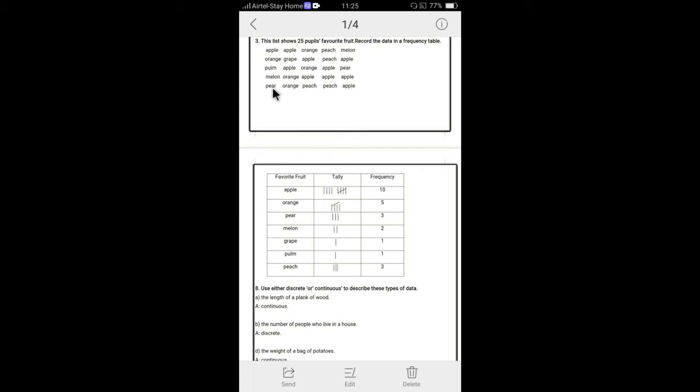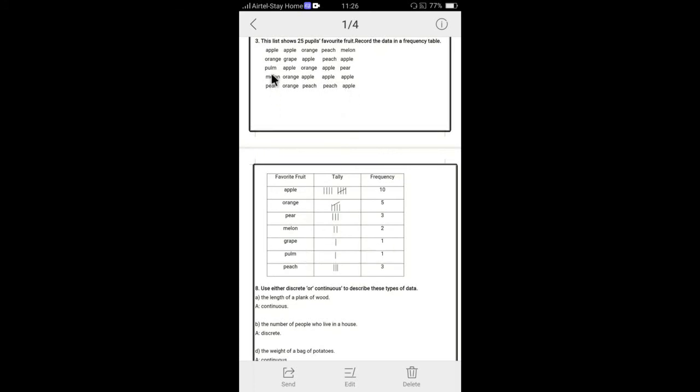It's showing 2 pears. Then melon, it's showing 1, 2. You can see I've written 2 here. And then grapes, just one time.